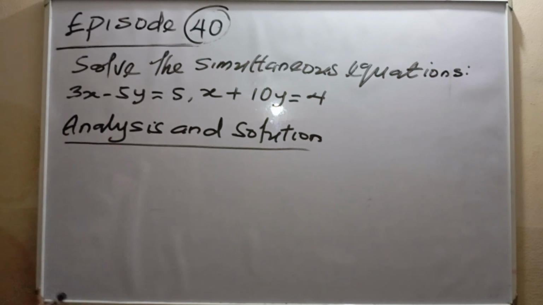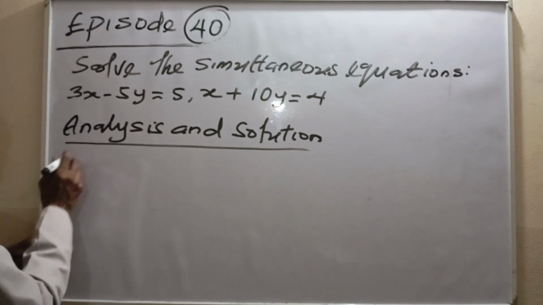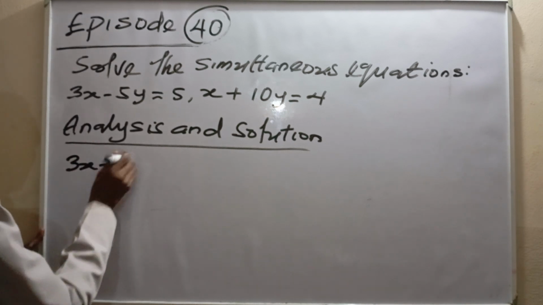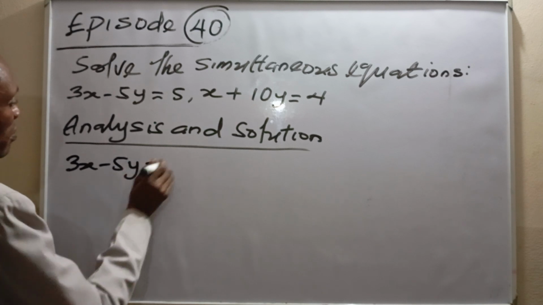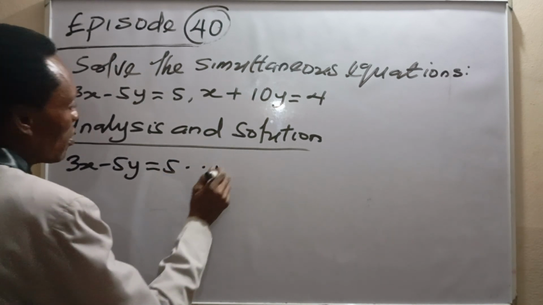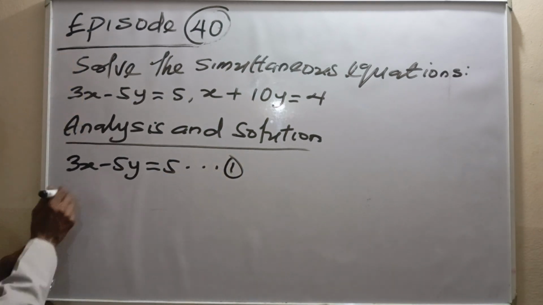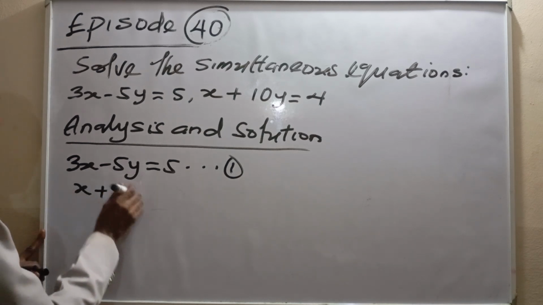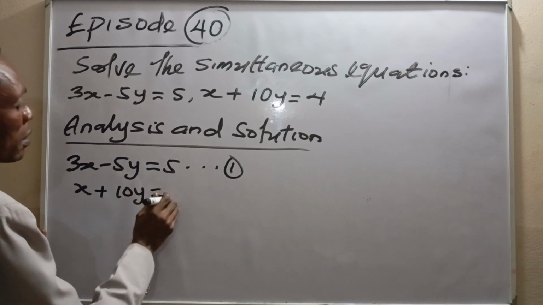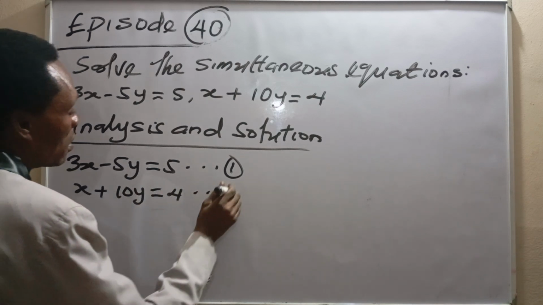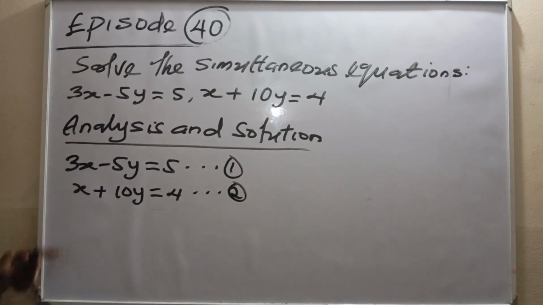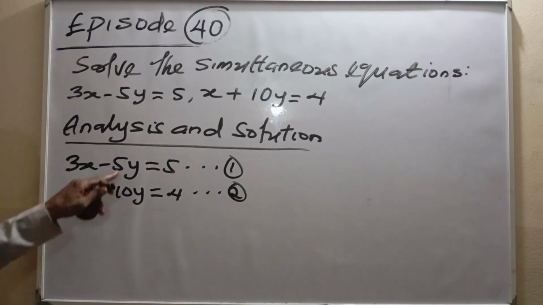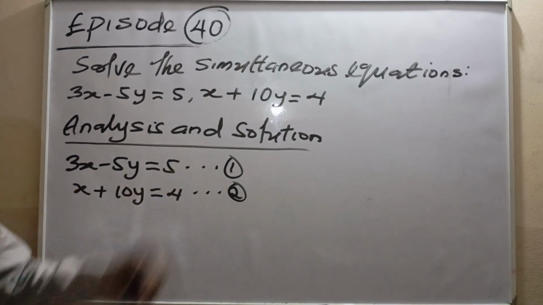So let us repeat it: x plus 10y equals 4, equation 2, and 3x minus 5y equals 5, equation 1.